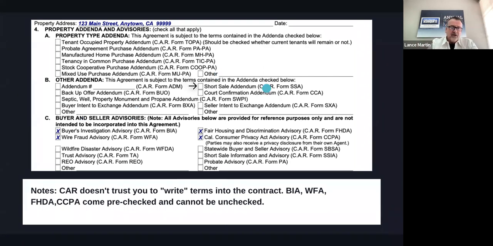Short sale addendum, be interesting to see if we start to see some short sales. I would imagine we'll have a few. So, when we're in the next sales meeting and someone says, hey, I got a short sale, I'm sure everybody's going to lose their mind and say, oh my gosh, the market has changed and shifted. There will be a marketplace for short sales this coming year.